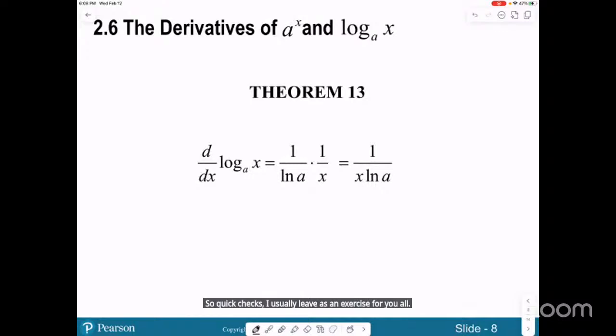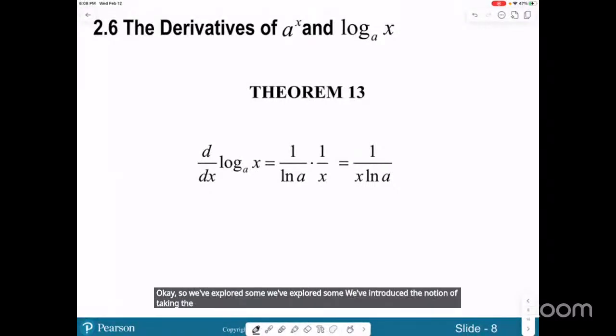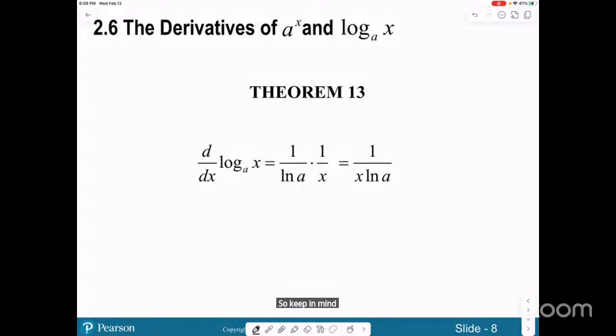Okay, so we've introduced taking the derivative of the generic exponential function, exponential base a. Now we want to look at taking the derivative of the common log base a. Keep in mind that from before, the derivative of natural log was du over u, or in other words, f prime over f.